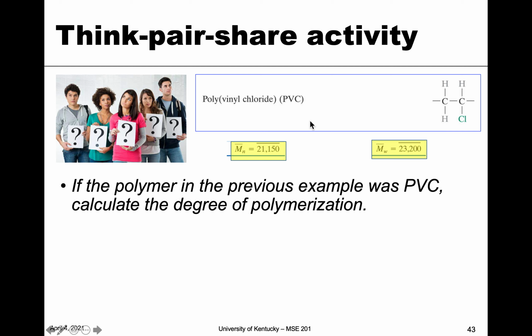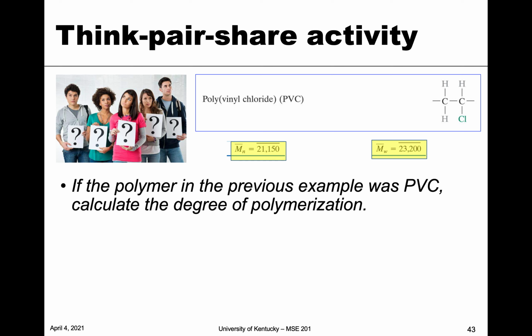What I want you to do is see if you can calculate the degree of polymerization, assuming that we have PVC and we're given the values here from the previous problem. So see if you can calculate degree of polymerization and go do that on the quiz, come back, and we will see what you get.